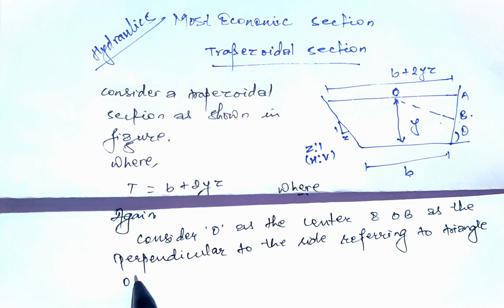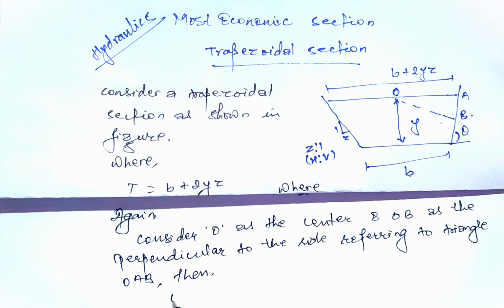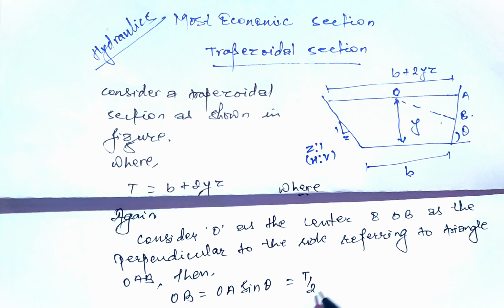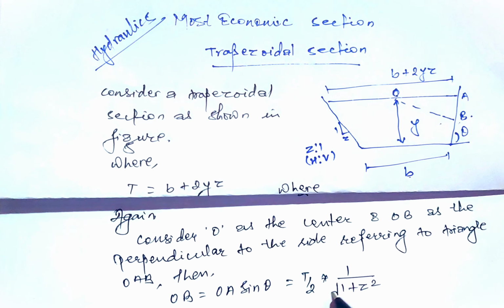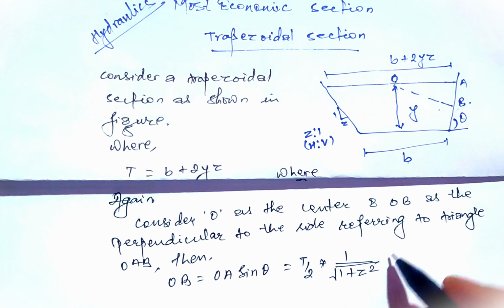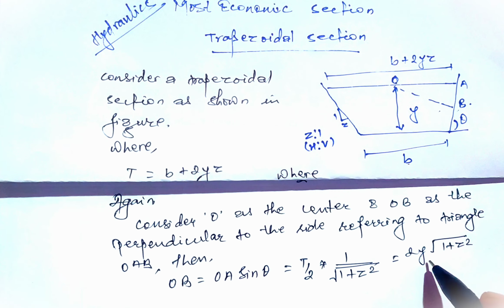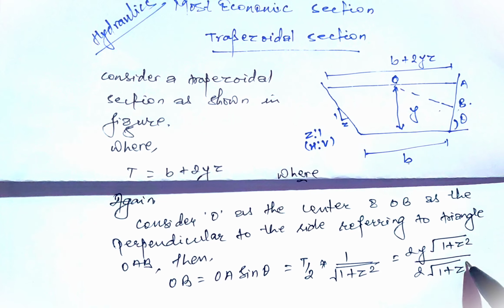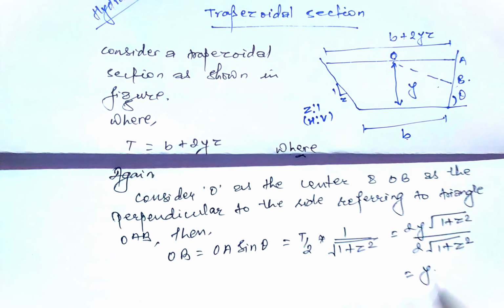Then OB equals OA sine theta equals T by 2 times 1 divided by root over 1 plus z square, equals 2y root over 1 plus z square divided by 2 times root over 1 plus z square, equals y.